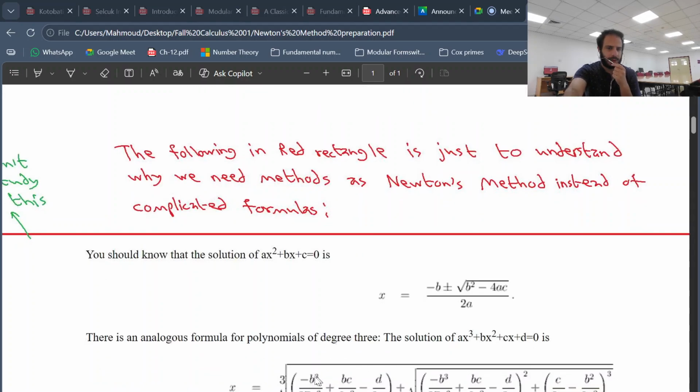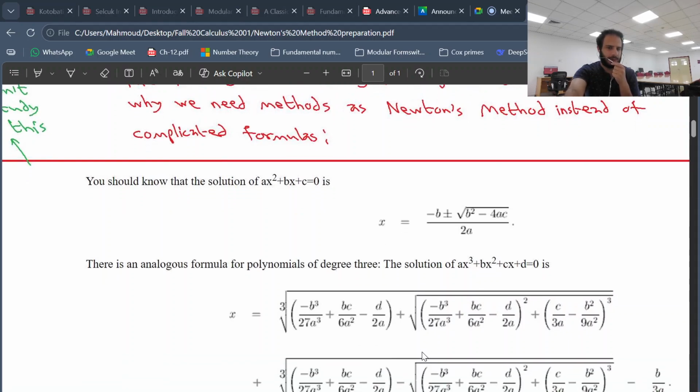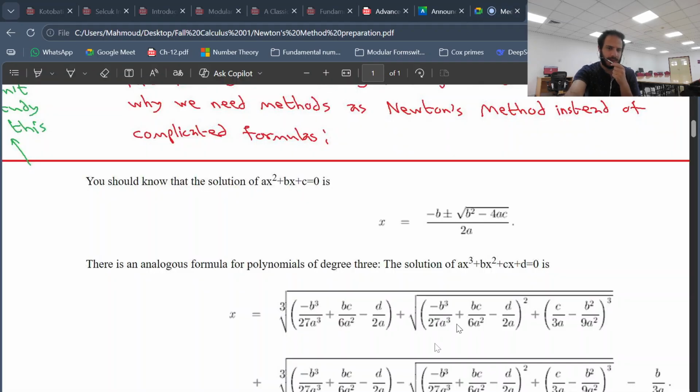What about the cubic? We have this formula. It's complicated, right? Would you use this formula? What do you think? This formula is very complicated. It's not good, right? The one for cubic, see?